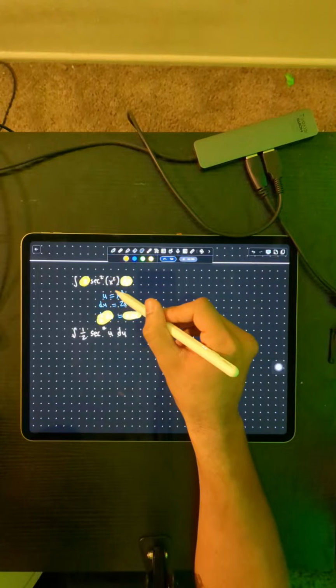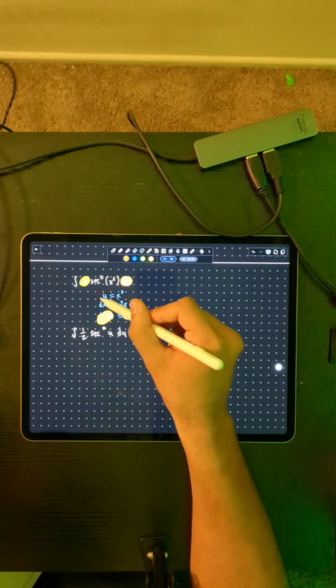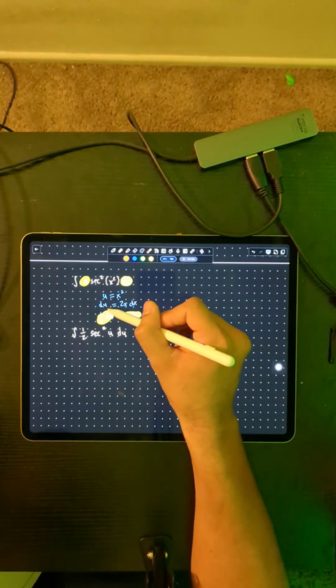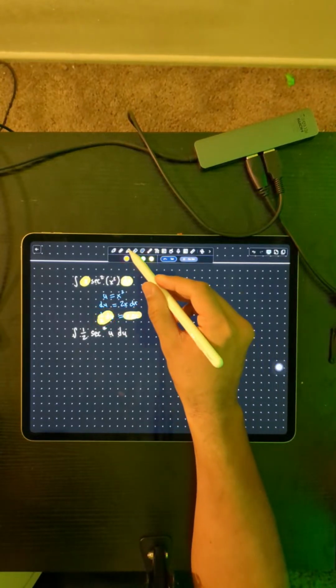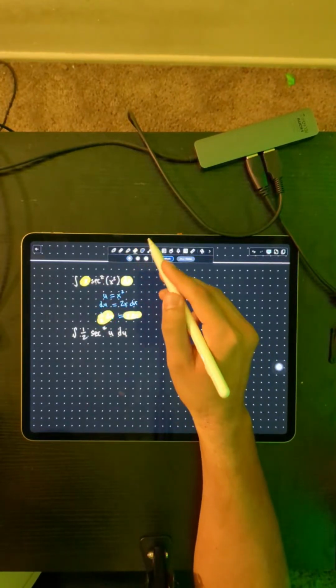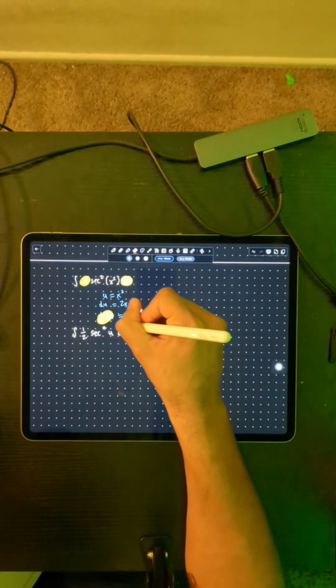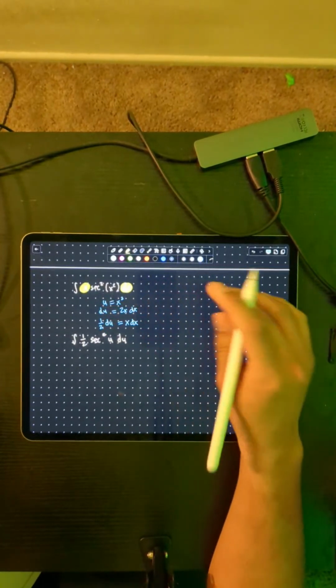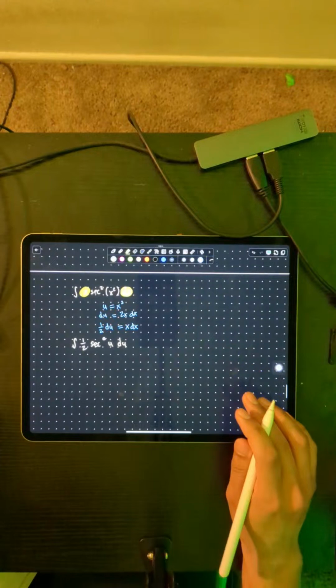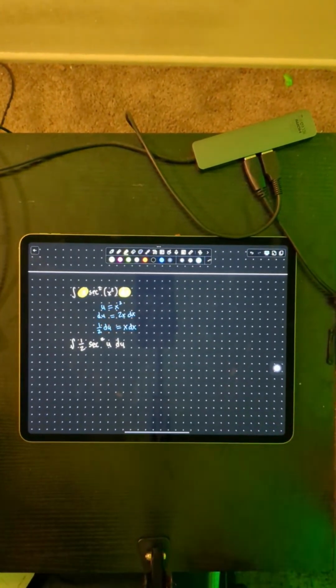To recap, we set u equal to x squared, and did a little algebra manipulation to solve for 1/2 du equal to x dx. So this should be our integral: 1/2 secant squared u du.